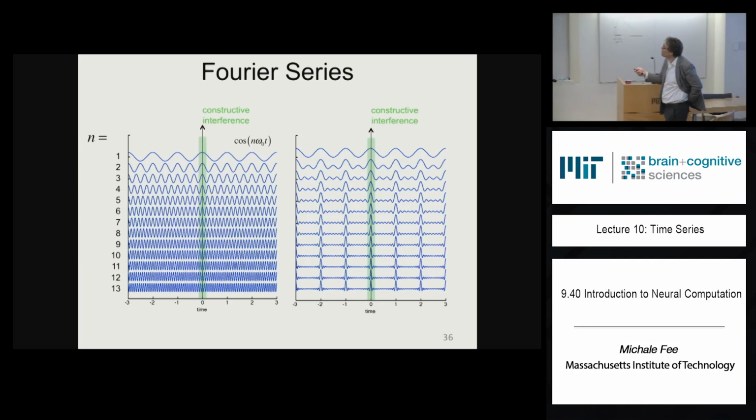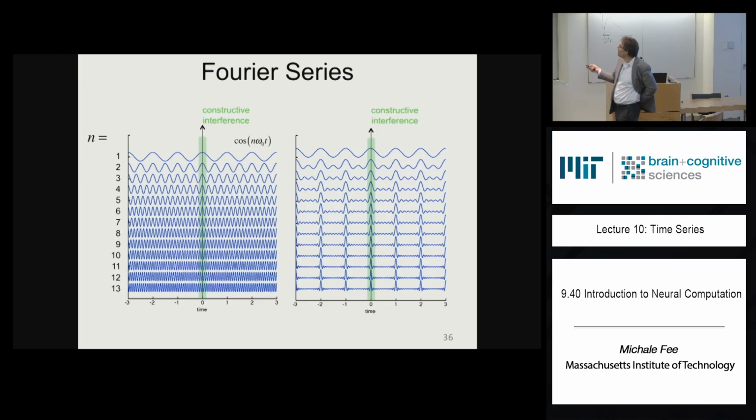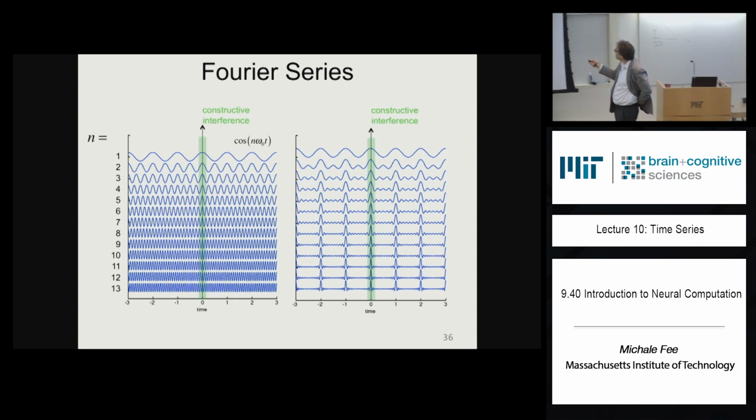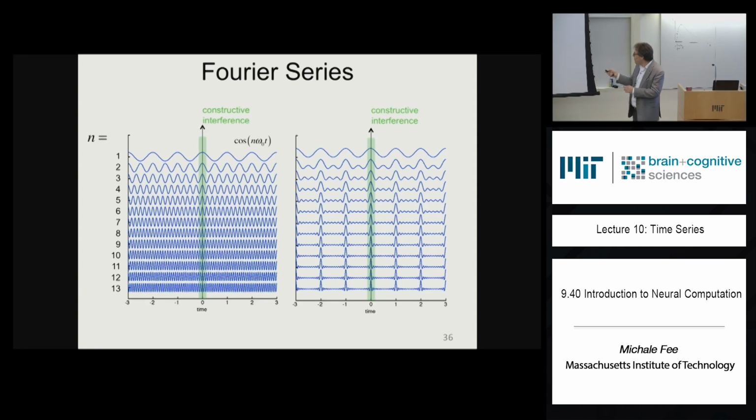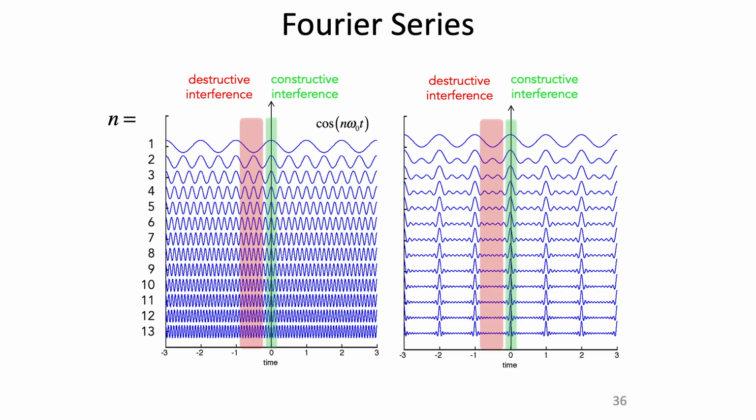It's because all of those different cosines add up constructively right here at 0, right? And so those things all add up, and this peak stays because the peak of those cosines is always at 0. Over here, though, right next door, you can see that that cosine is canceling that one, which is canceling that one.